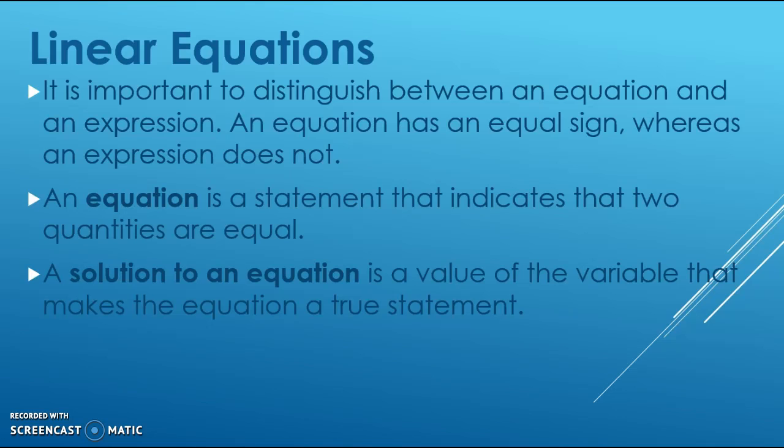So a solution to an equation is a value that makes the variable make the equation true. So you can have a false equation or a true equation. And if you have a variable in there, the idea is you want to make the value of that variable correct so that the equation is a true statement.